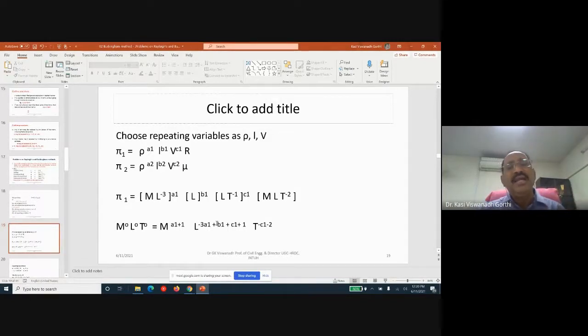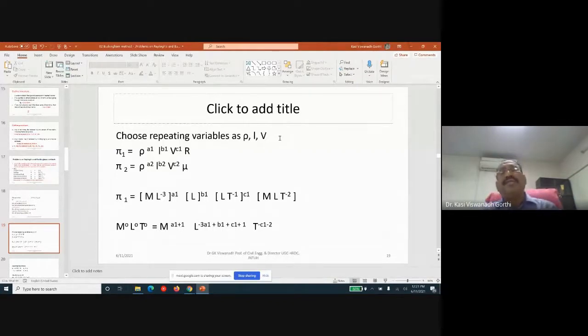I repeat once again, we should not choose the dependent variable as a repeating variable. So in this problem, resistance R is a dependent variable, so it should not be chosen. Then you have 4 other variables: mass density rho, length L, velocity V, and viscosity mu. So either mass density or viscosity may be chosen.